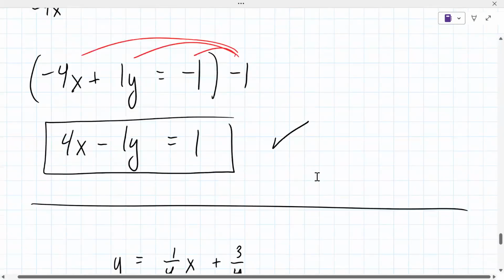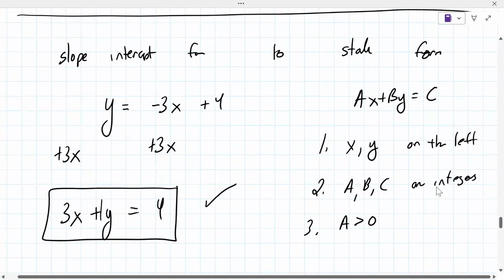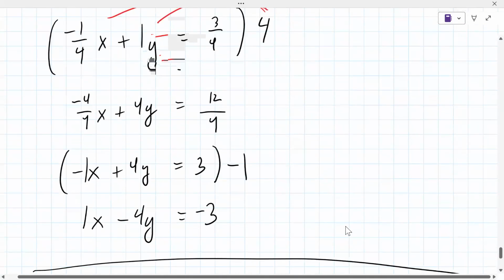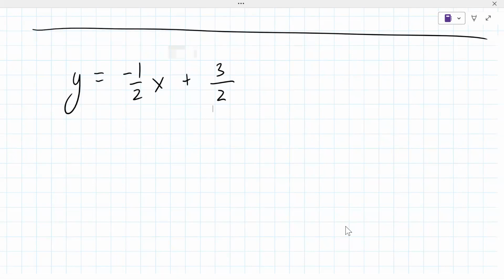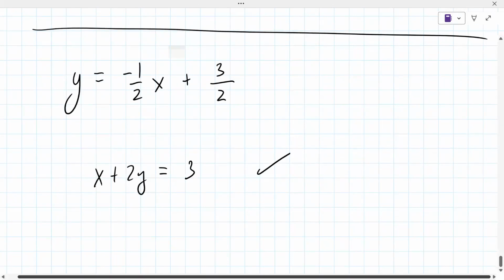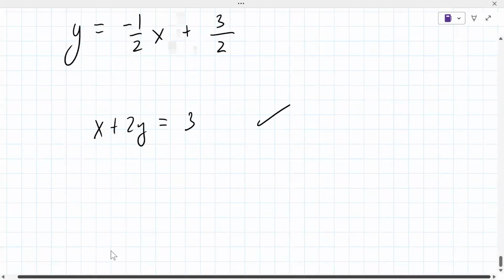The requirement is, if we go back here, they have to be integers. Integers means no fractions, no decimals, and the leading one has to be positive. So yes. Okay, I got x plus 2y is equal to 3. Very good. Excellent.